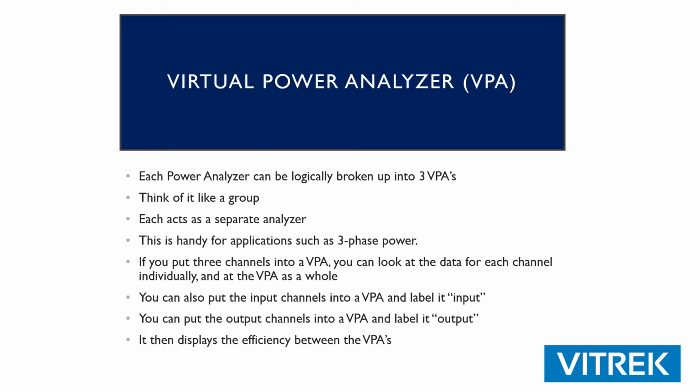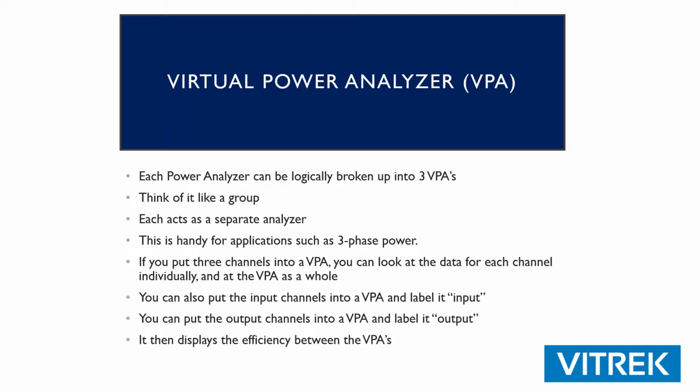Now, we also use a concept called a virtual power analyzer. I like to think of it as a group. We're able to group channels into a virtual power analyzer. It also makes this one analyzer act as 3 separate analyzers.